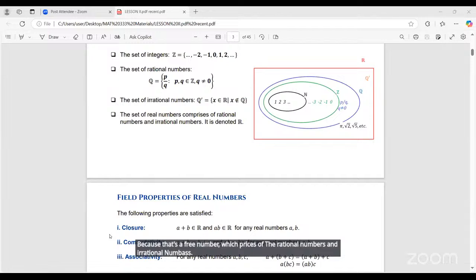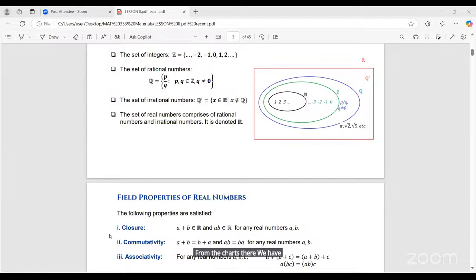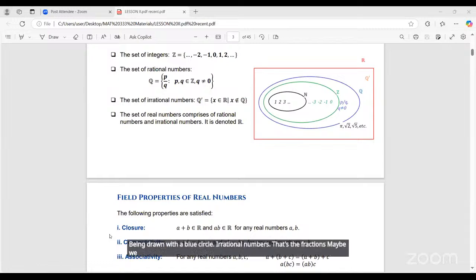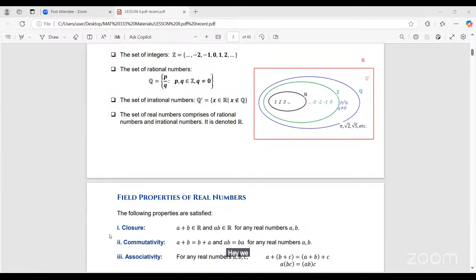From the chart there, we have the rational numbers being drawn with a blue circle. When we have p over q, we have the fractions being drawn with what? A blue circle. The set of integers are what? They are subsets of the rational numbers.